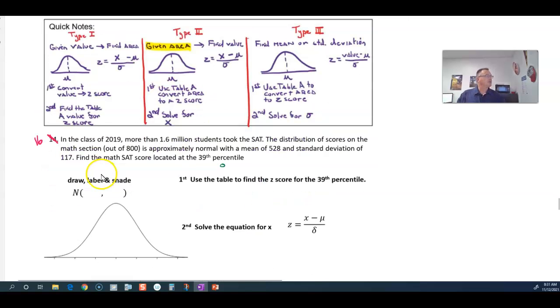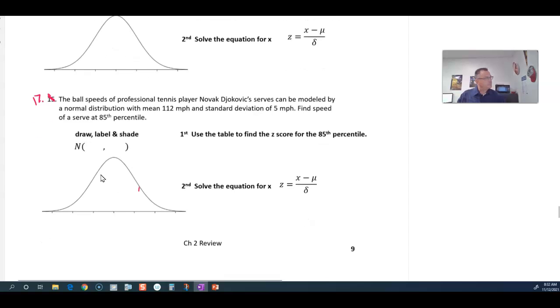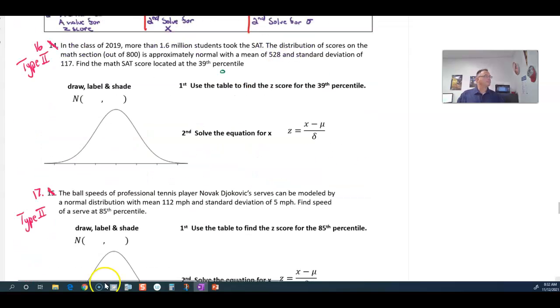All righty, these are going to be type 2. All right, so the problems are the same, except you're finding a different question. So this isn't changed. It's the same as the one on the front.